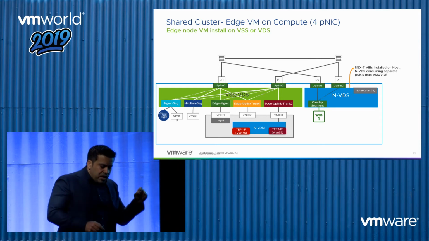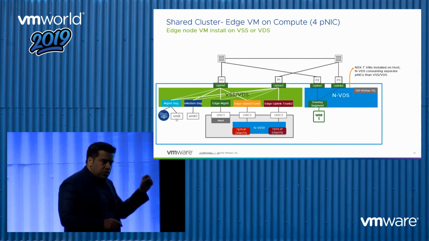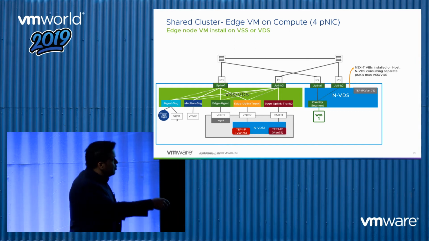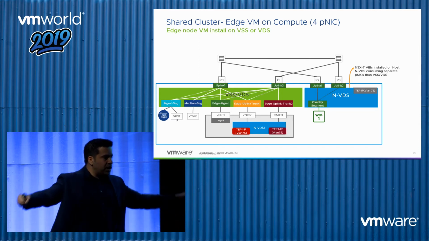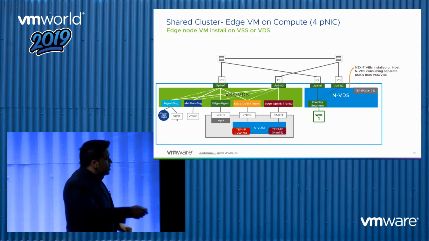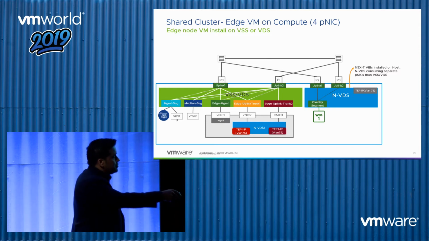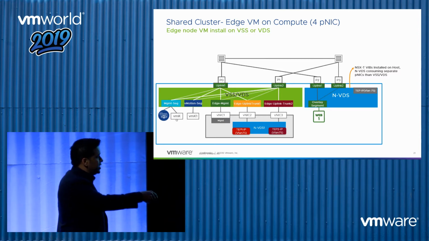Now, a very important thing that you should note is that both of them are tunnel endpoints. Your edge is also a tunnel endpoint, and your compute host is also a tunnel endpoint. They'll form an overlay tunnel between them, right? The VLAN that I'm showing here is VLAN 75 on the compute side. The VLAN that I'm showing here is also VLAN 75.